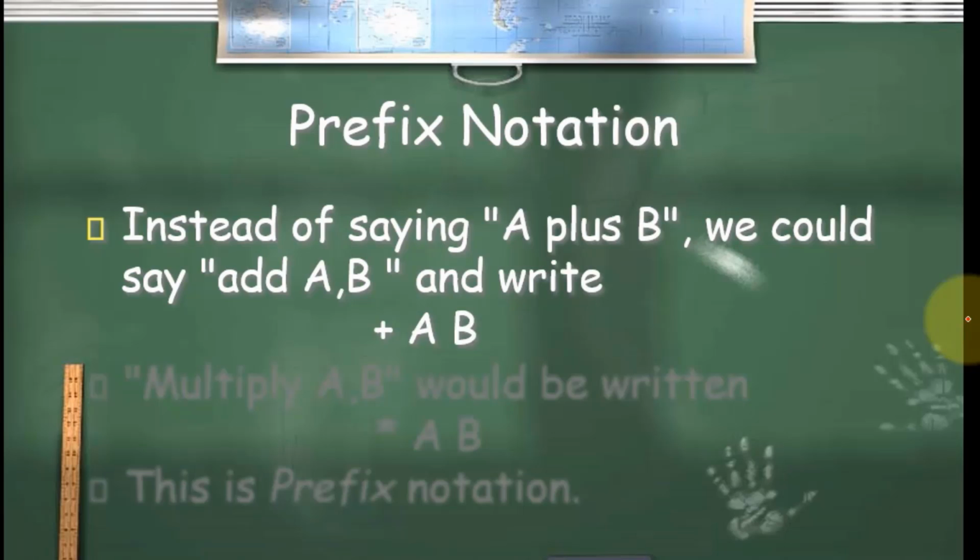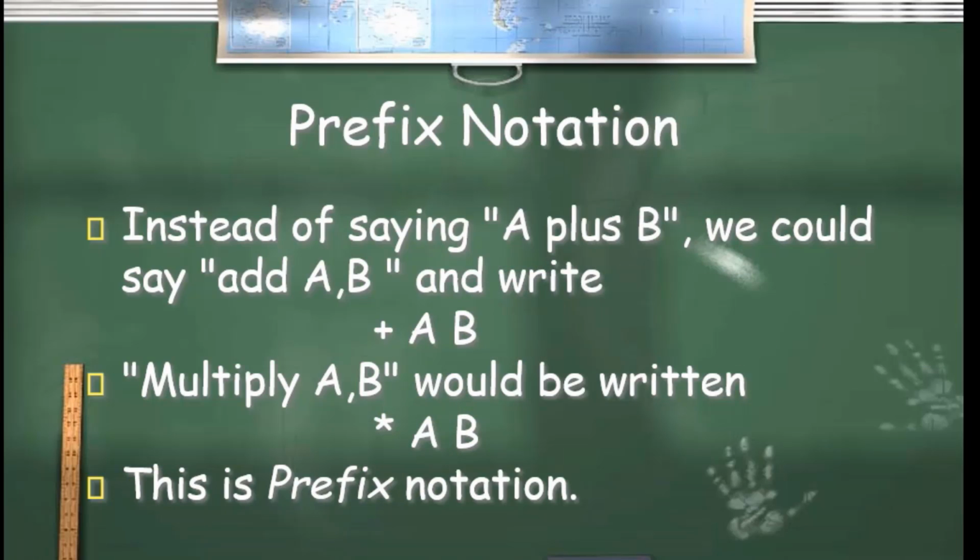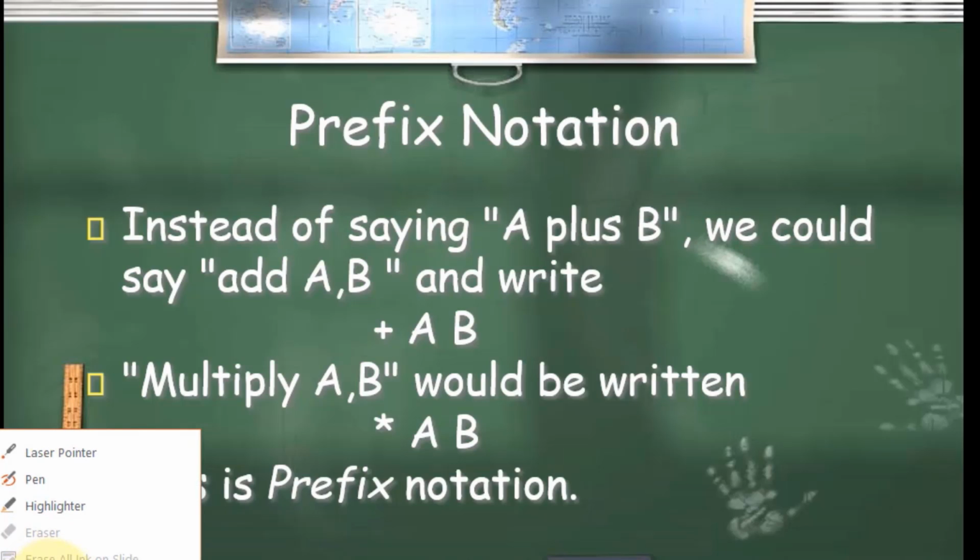And if you're going to use multiplication, then we can put asterisk ab like this, and we call this a prefix. So don't forget, if it is a prefix notation, it means the operators are written before the operands. The operands here are a and b. Okay, let's proceed now.